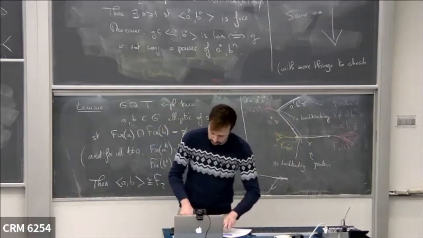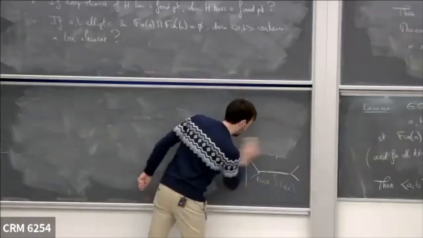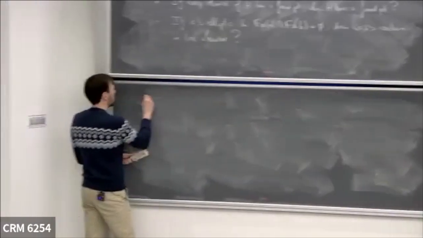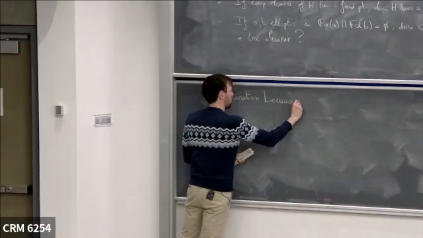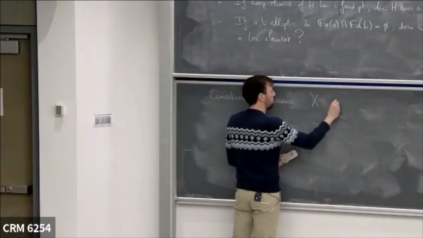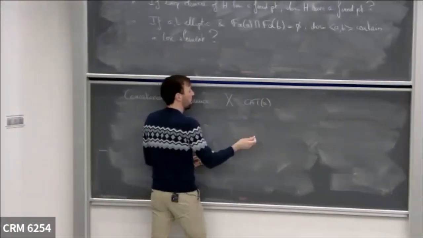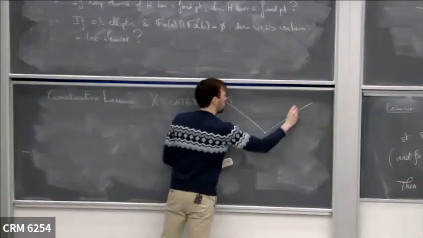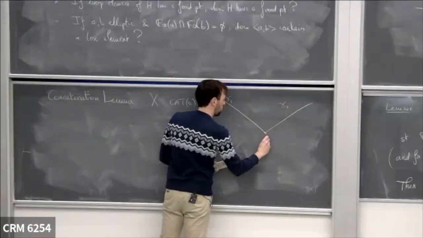Let me mention this. In the CAT(0) world, we have something that we can call the concatenation lemma. So we've got X that is CAT(0), and gamma 1 and gamma 2, two geodesics that meet at a point x.